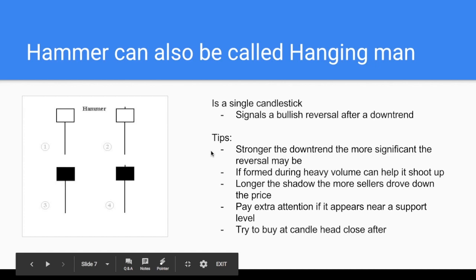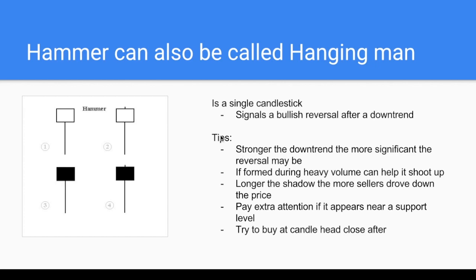I just want to say one thing about this hammer that I forgot to mention earlier. I forgot to touch on the second part, the Hanging Man. The Hanging Man is also a hammer, but it's not necessarily a bullish reversal.